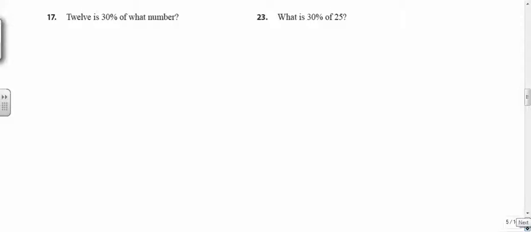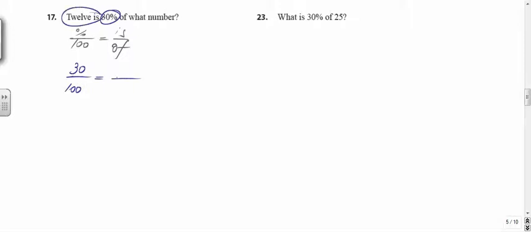Let's see, 12 is 30% of what number? Which approach do you guys want to use? You want to use percent over 100 equals is over of, right? If you go this way, percent is what? 30% over 100 equals 12 is, right?